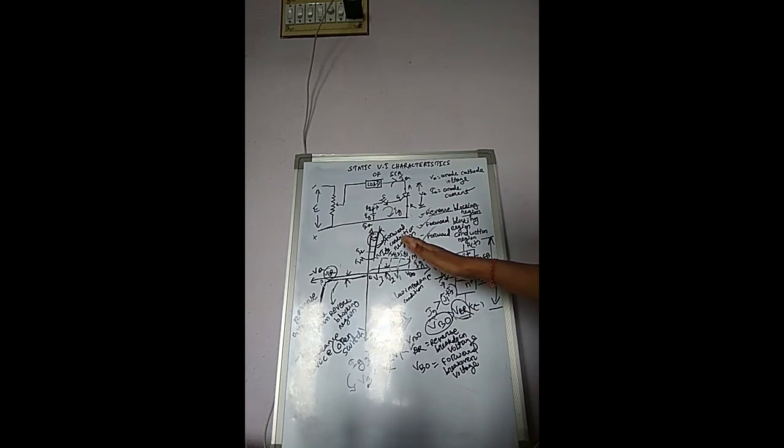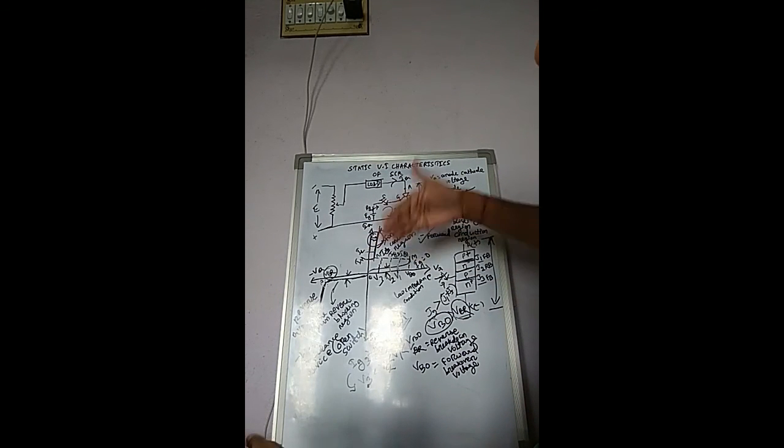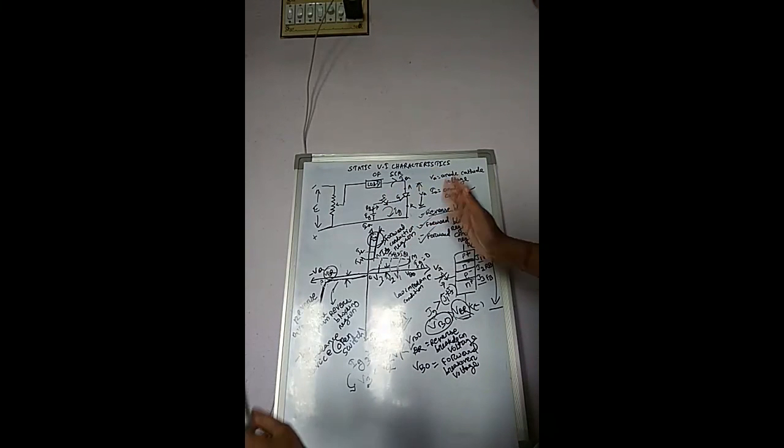Once the thyristor is in on state, there is no longer a requirement of the gate current or gate signal to maintain the device in its on state, because after the latching current level the device is in conduction state. There is no requirement of the gate signal. Now we can remove the gate signal also. Removal of the gate signal will not affect the conduction of anode current.